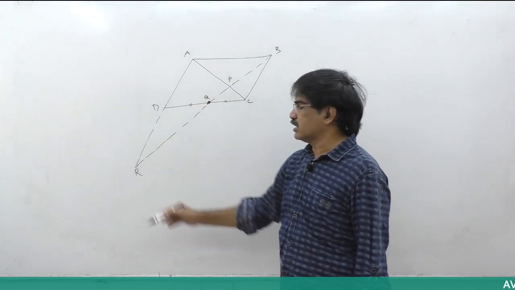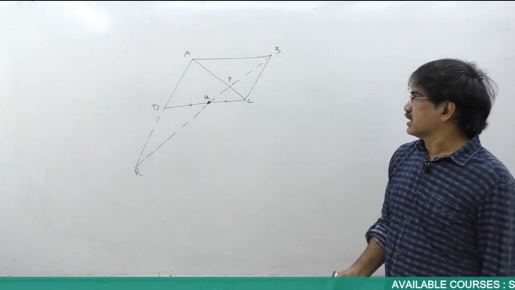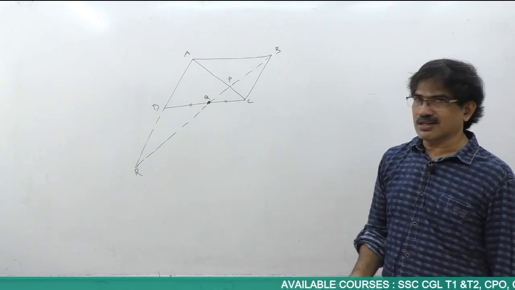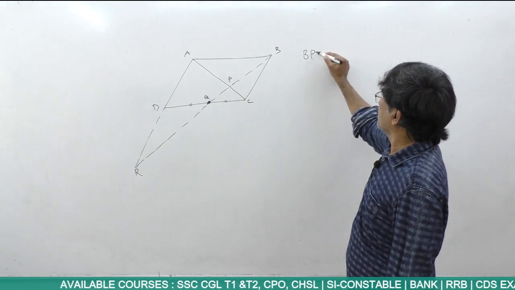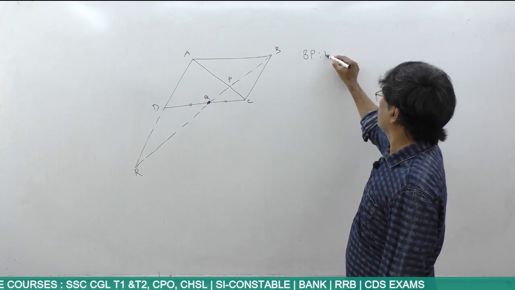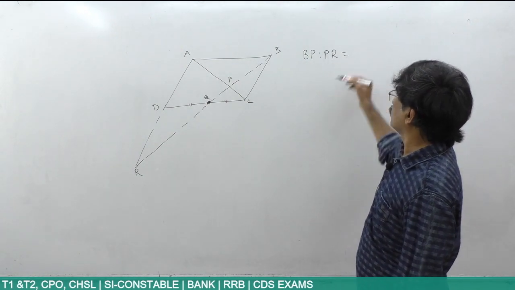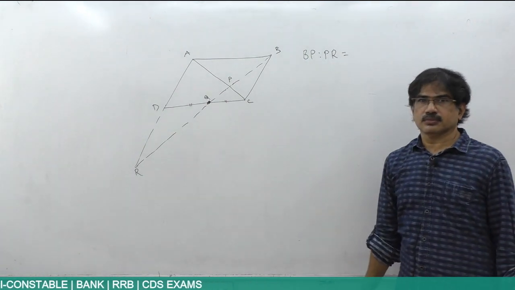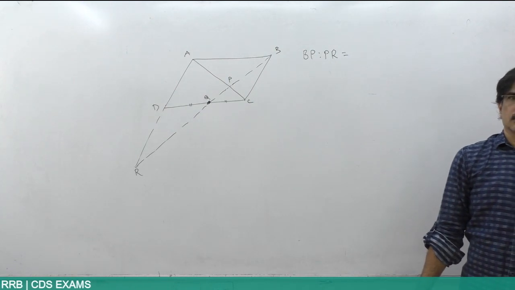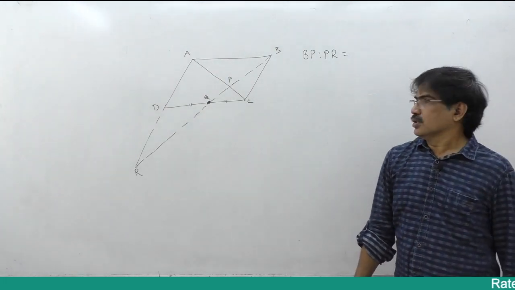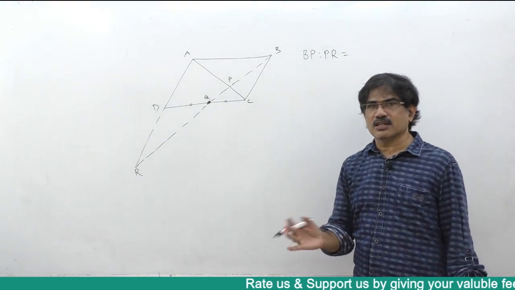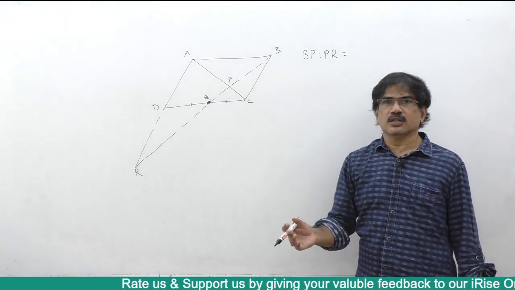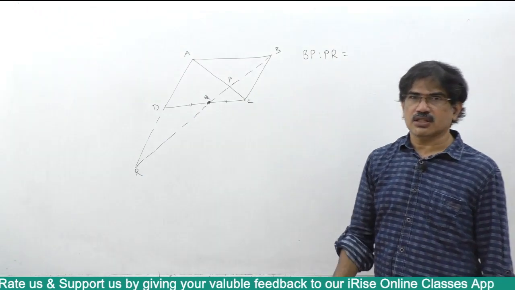AD is also extended, which meets BQ at R. Then what is BP is to PR equal to? This question is based on two concepts, that is, the similar triangles concept as well as the congruency of triangles concept.